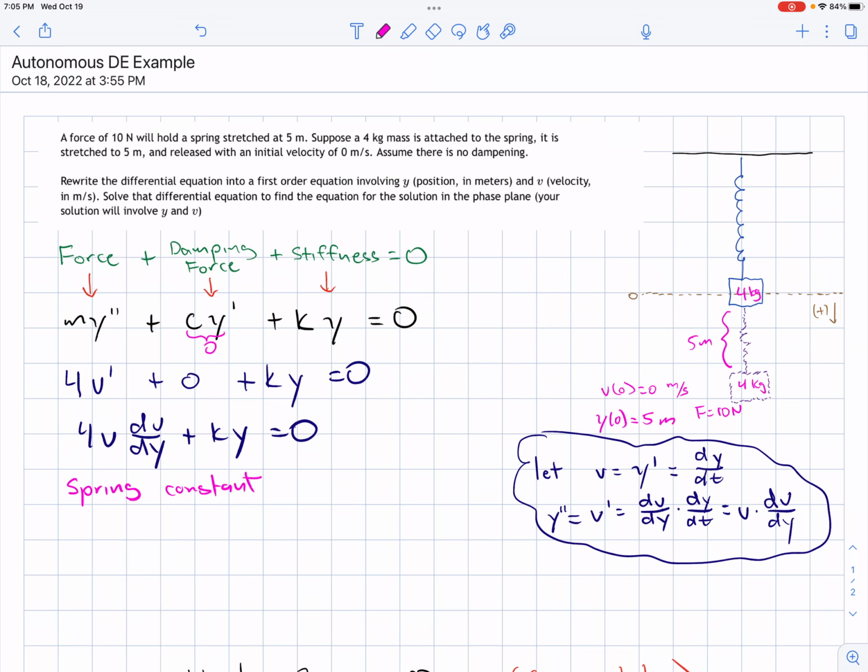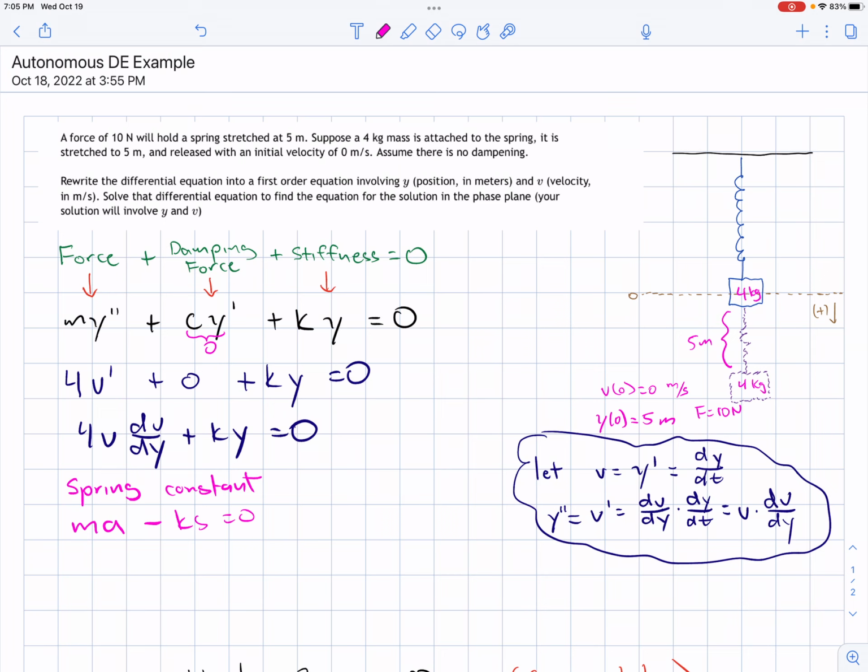We find it by the force, mass times acceleration, minus ks being equal to 0, where s is the change in spring length. And we know those values.